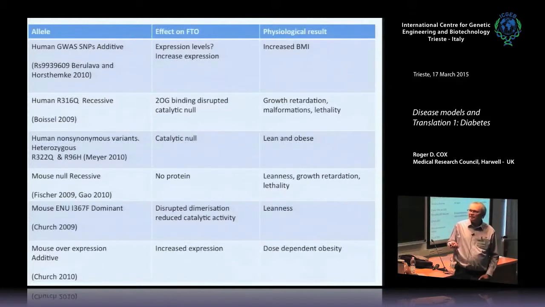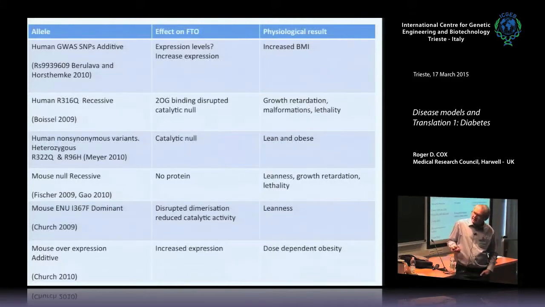There is a recessive point mutation that disrupts the 2-oxyglutarate activity in a single family, and this causes growth retardation, malformations, and unfortunately lethality. There's been a study where heterozygous mutations have been looked for in FTO in lean and obese individuals, and there was no correlation with the heterozygous mutations and leanness or obesity.